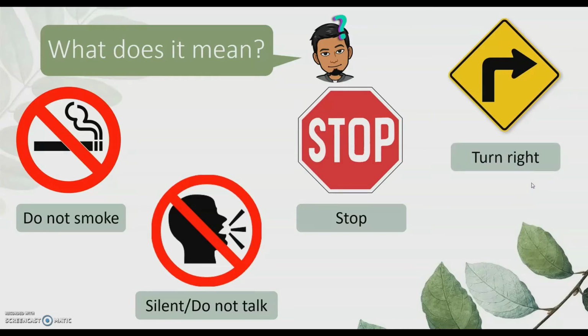Okay, the meaning of this sign is to show us to turn right. Turn right. Because usually we will see this type of sign when we are on the road. We usually see it when there is a junction, so it will show us where we should go. So this is a sign for us to turn right.